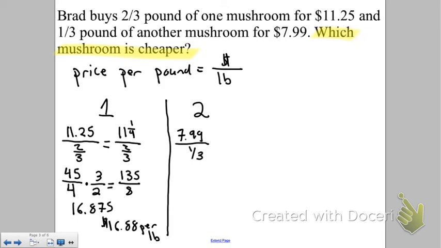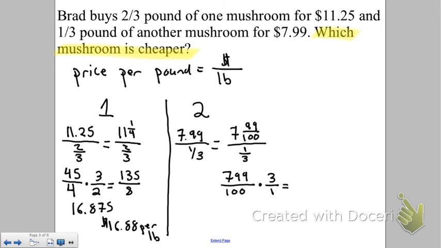Now for mushroom 2, I can make this 7 and 99 over 100 divided by 1 over 3. 7 times 100 is 700, plus 99 is 799 over 100 multiplied by 3 over 1.